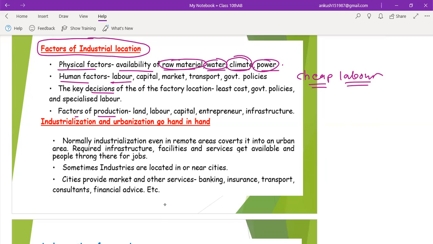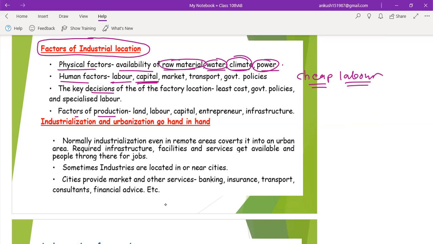Means the people who are working in the industry must not ask for higher wages or higher salaries. Now that is another matter, through the Labor Act or the Minimum Wages Act 1948, if they are asking for an increment in wages. Human factor, the other thing is capital.